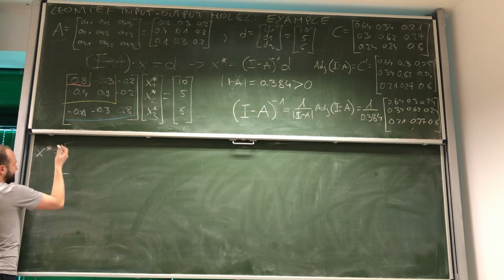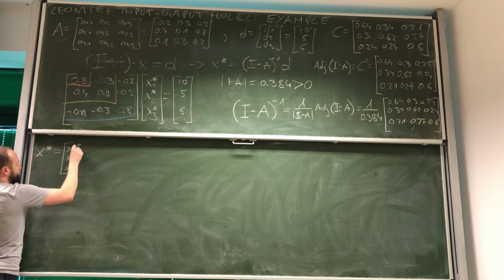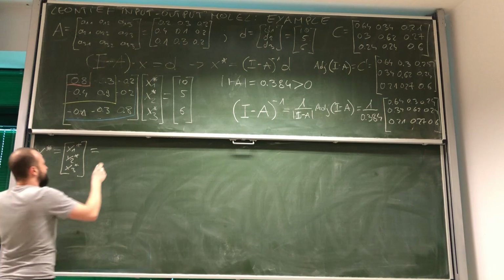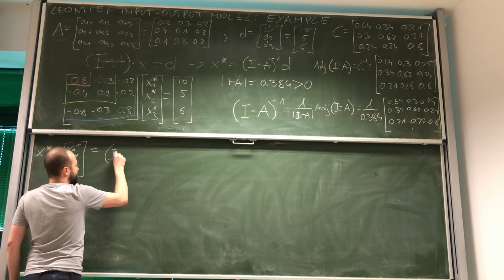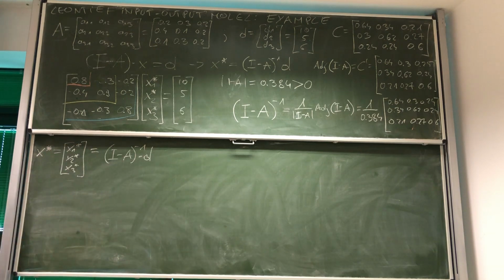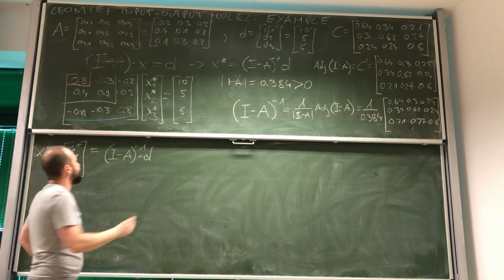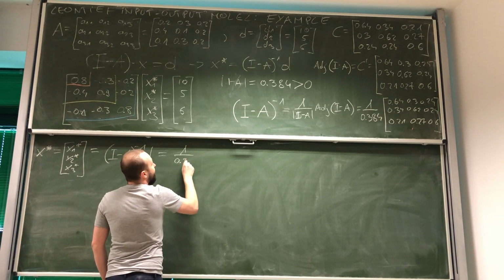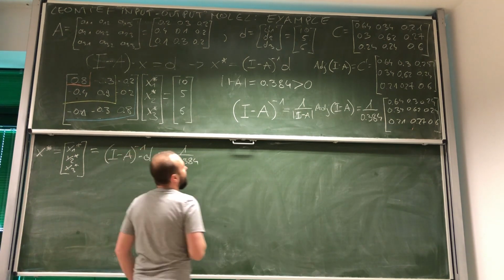And this vector x with our solutions x1, x2, and x3 is equal to inverted Leontief matrix, times vector d, which is 1 over 0.384.